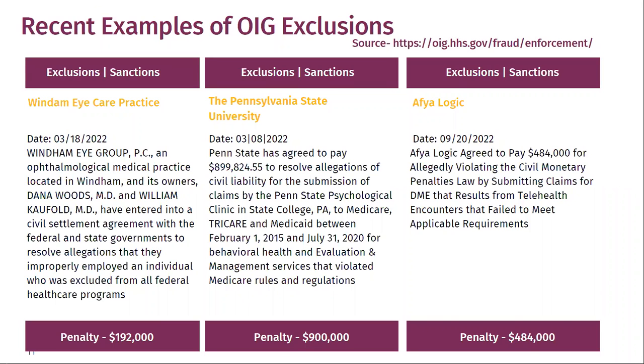You can go on to the OIG HHS fraud enforcement database and see all the different activities taking place, or the different types of sanctions, exclusions, and penalties. Almost every month, you can see this, and there are hundreds of new additions to this list based upon the various things that are happening.